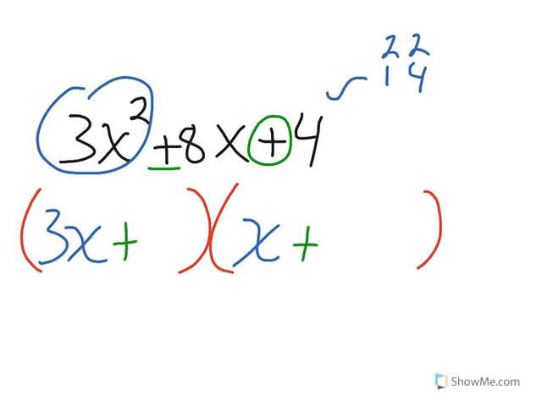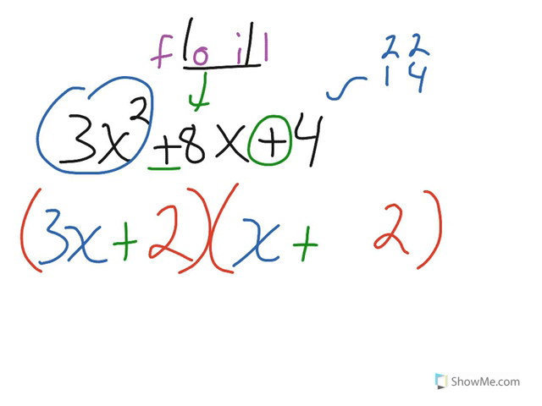So here, because 8 is small, I'm going to try 2 and 2 to check my work. In FOIL, to check my work, I'm going to multiply or look at just the OI. So my outer terms, what does that give me?